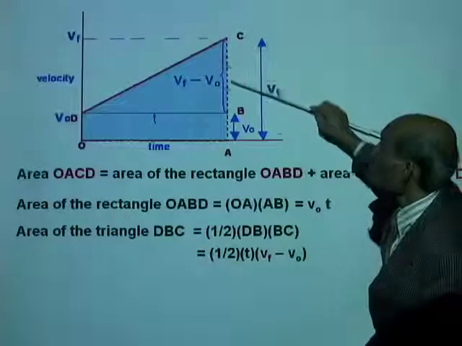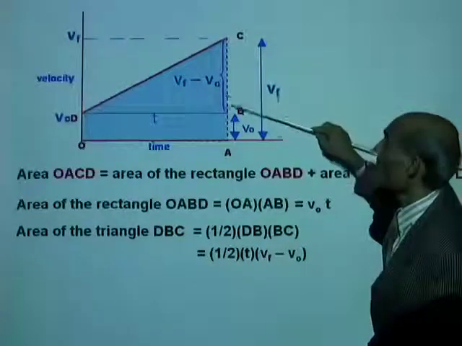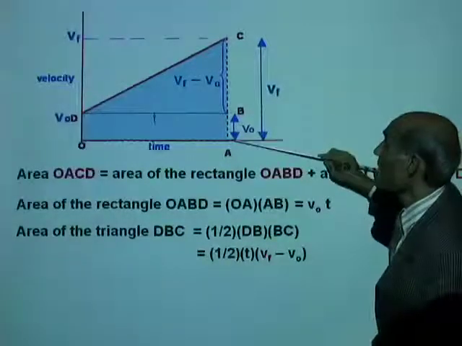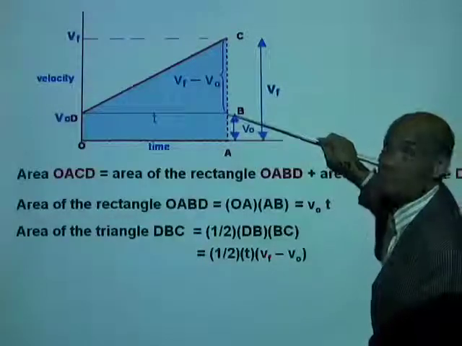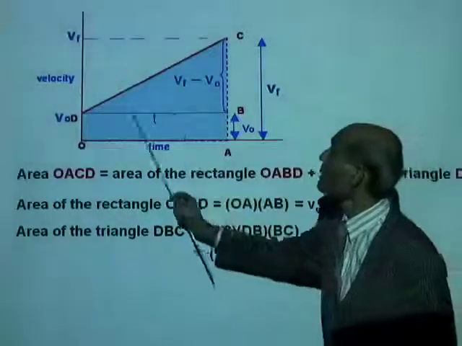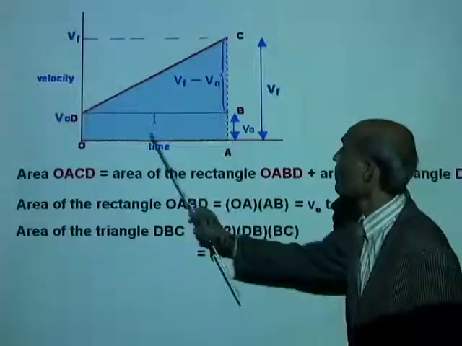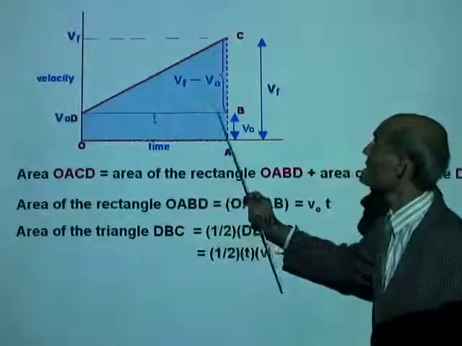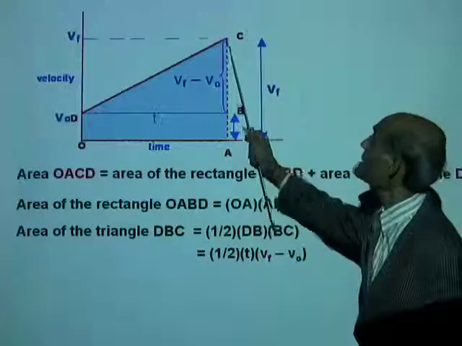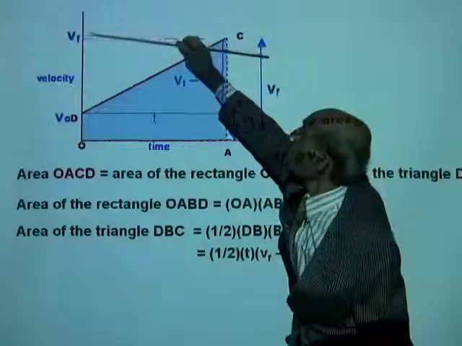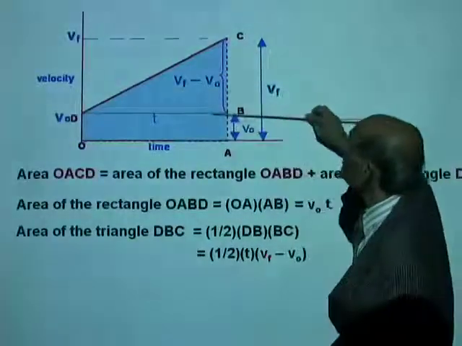Therefore, what is that length BC? That will be Vf minus V0. So the area of this triangle is 1/2 of base, that is t, multiplied by height, that is Vf minus V0.